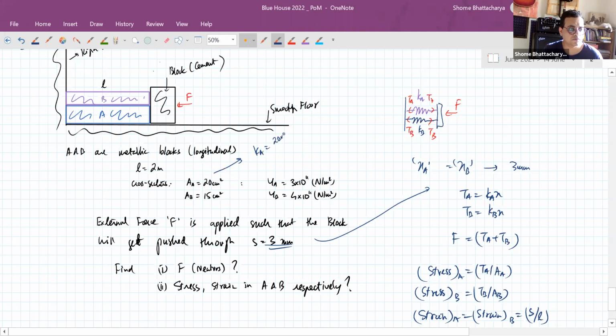So, area into Young's modulus divided by natural length, using this formula. So same.